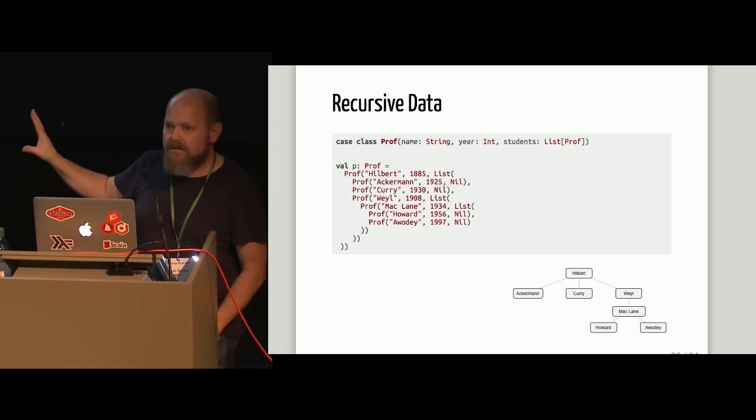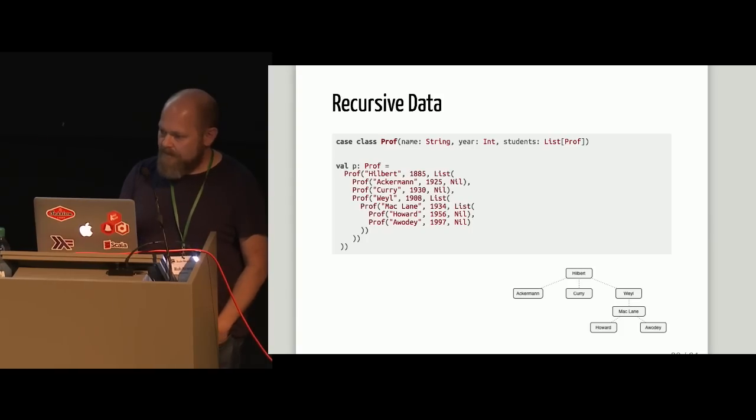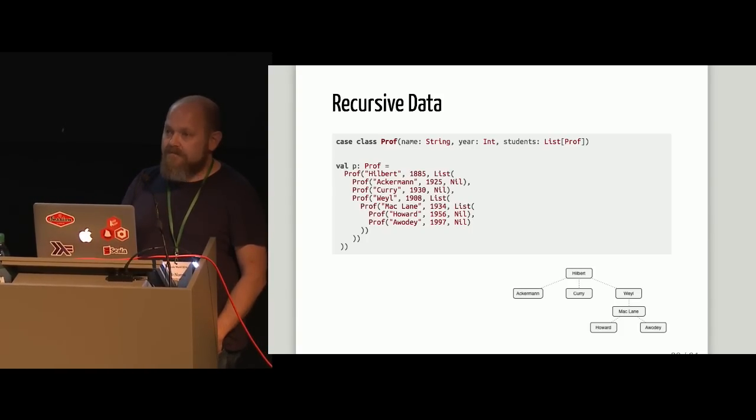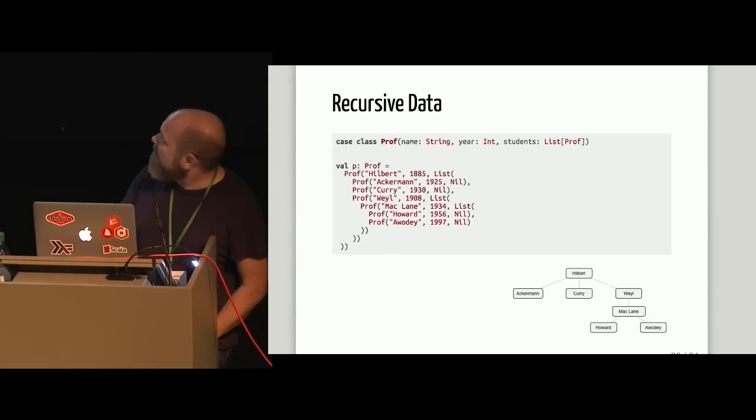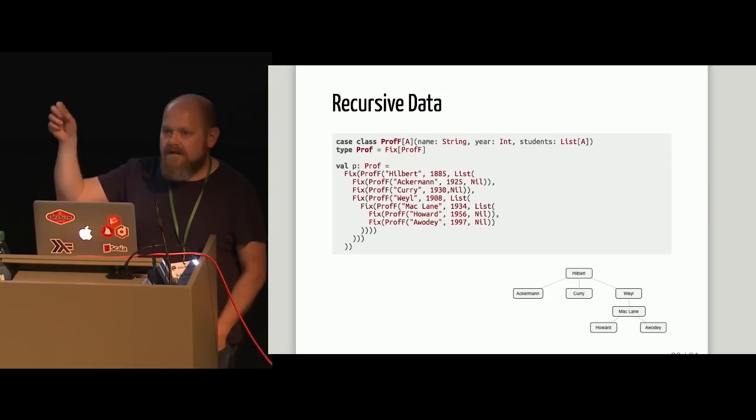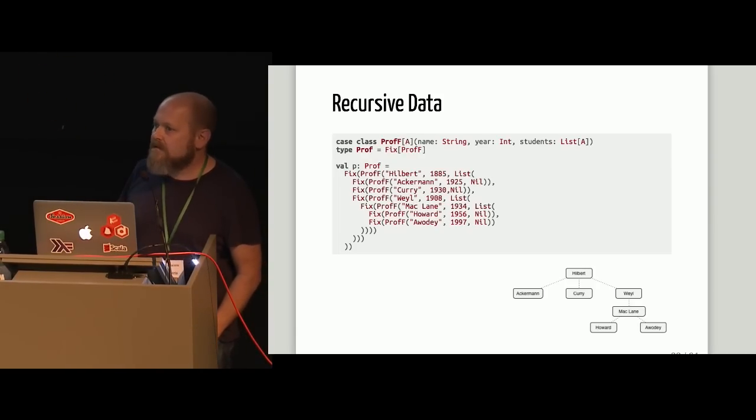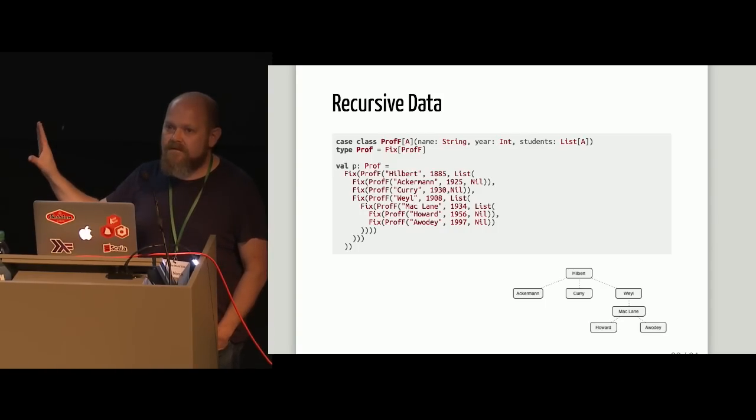Does everybody get that? Yes? No? Okay. So what does the version with fix look like? It looks exactly the same. All I've done is add a fix constructor around each PropF constructor. And that's it. We're just constructing data.